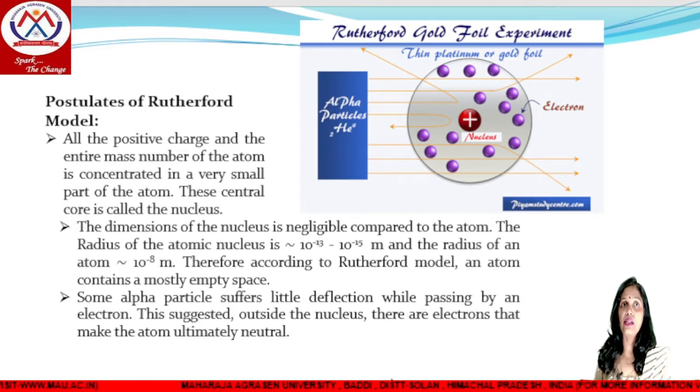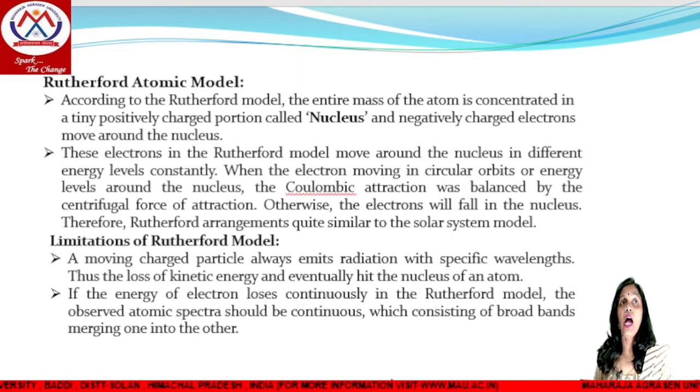Some alpha particles suffer little deflection while passing by an electron. This suggested that outside the nucleus there are electrons that make the atom ultimately neutral. According to the Rutherford model, the entire mass of the atom is concentrated in a tiny positively charged portion called the nucleus, and negatively charged electrons move around the nucleus.